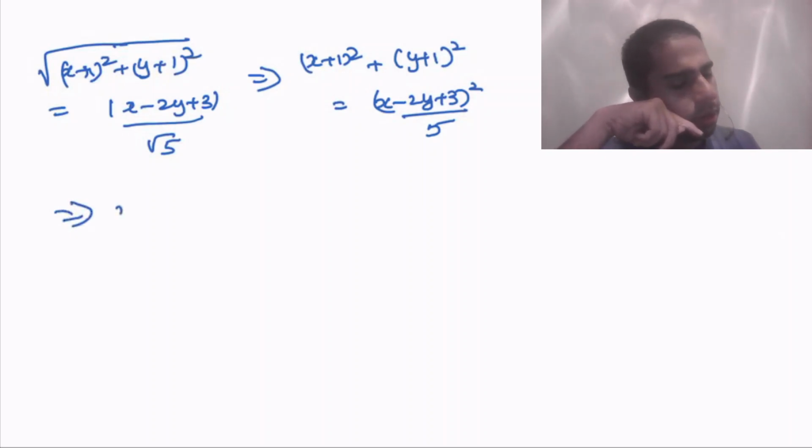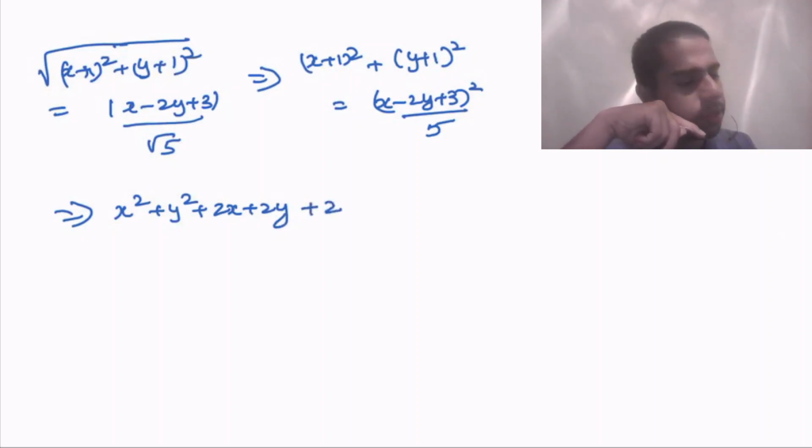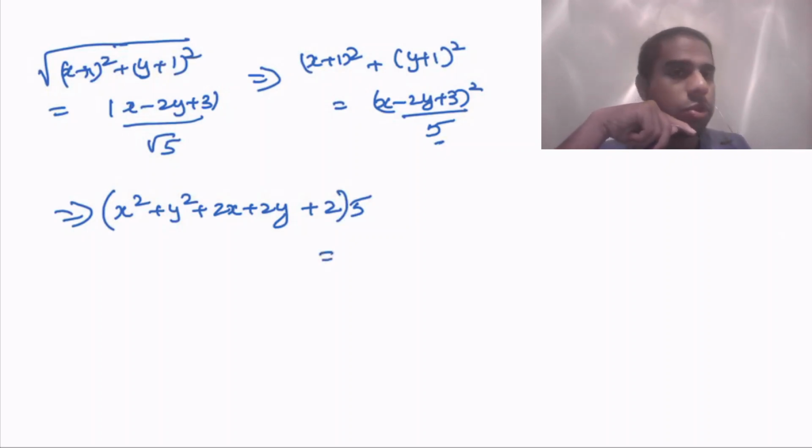Now expand it. x square plus y square plus 2x plus 2y, and you'll get 1 here and 1 here, and that will be equal to 2. The denominator 5 gets multiplied on the left, and it equals x minus 2y plus 3 the whole square.